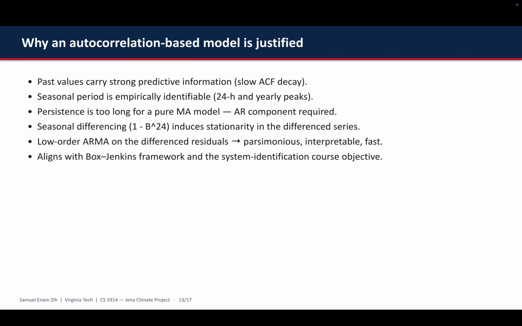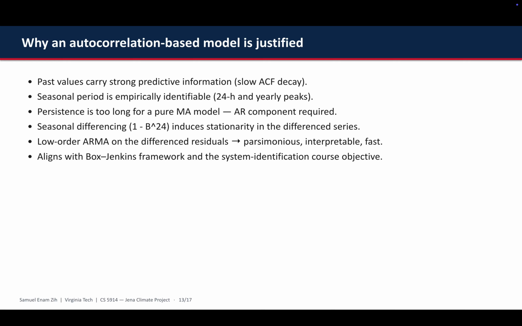Why autocorrelation modeling is justified. Stepping back from the diagnosis, here is why an autocorrelation-based approach is the right tool for these datasets. Past values carry strong predictive information. The slow ACF decay proves it. The seasonal period is empirically identifiable from data, not assumed.